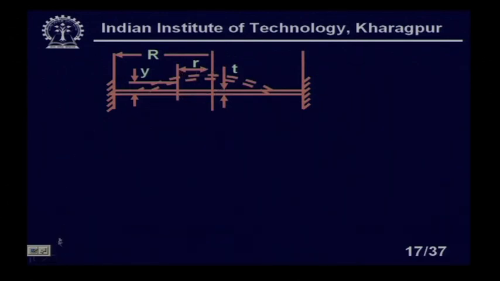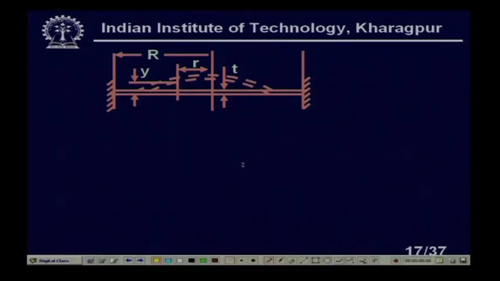At any point, what is the deflection? The height at this particular point is y, and T is the thickness of the diaphragm, and R is the radius of the total diaphragm, or almost the inside radius of the pipe.